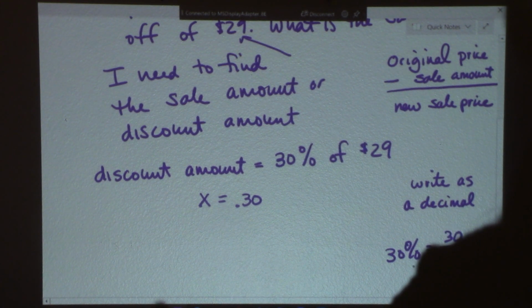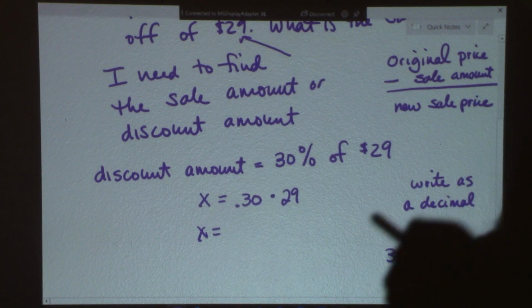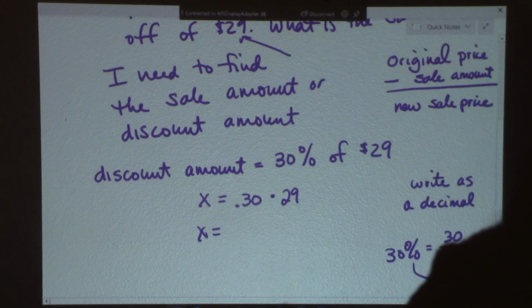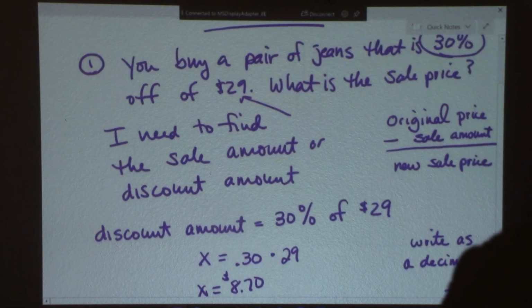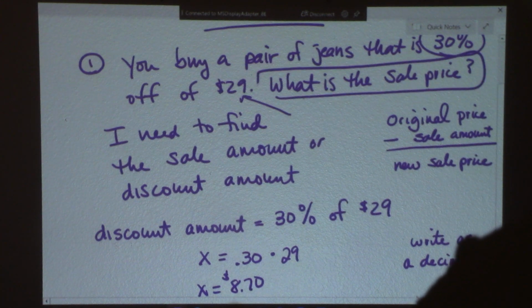So I take away the percent sign and divide, and that's how I get the 0.3. Of means multiply, and then I have 29. So all I have to do is figure that out, and when I multiply that together, I get $8.70.